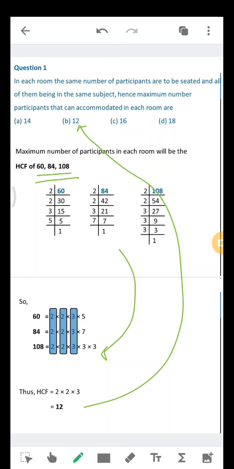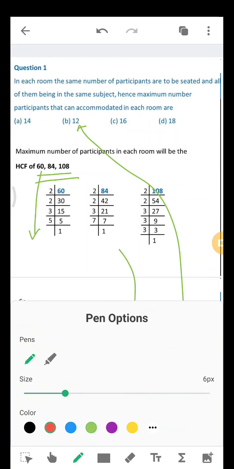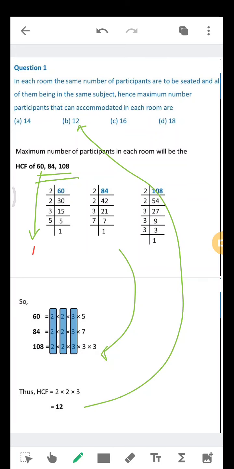So how many rooms do we need for these 60 teachers? If there are 12 teachers in one room, how many rooms do we need for 60 teachers, that is Hindi teachers? 12 fives are 60, no? Then for these 84 teachers, how many rooms do we need? 12 sevens are 84. Then how many rooms for 108 teachers? 12 nines are 108.